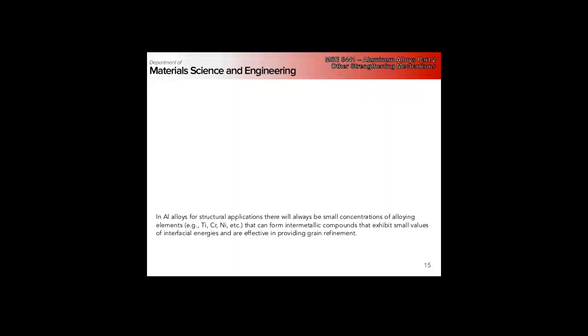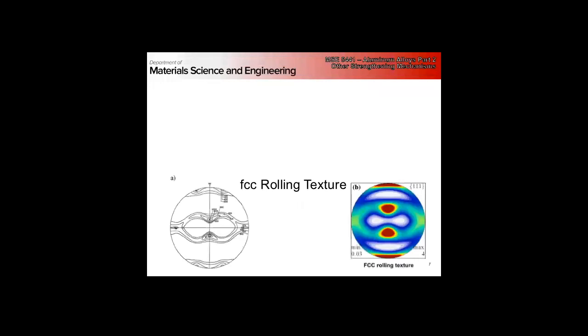The main idea behind grain boundary strengthening is that we get a dislocation pileup, which gives us a stress concentration, which can then activate another source. And it's very difficult for dislocations to pass through general high angle grain boundaries.